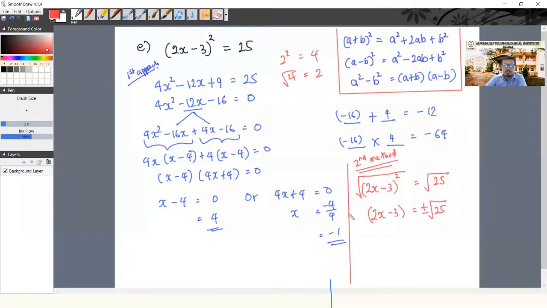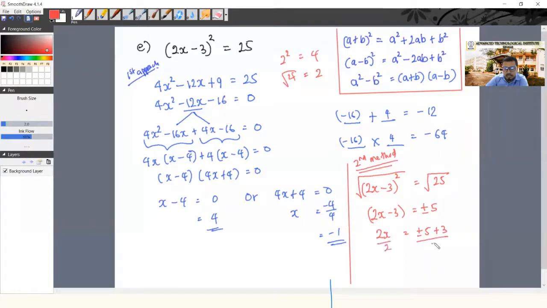The square root of 25 is 5, so it can be plus 5 or minus 5, because plus 5 squared gives 25 and minus 5 squared also gives 25. So 2x equals plus or minus 5, and this minus 3 becomes plus 3.